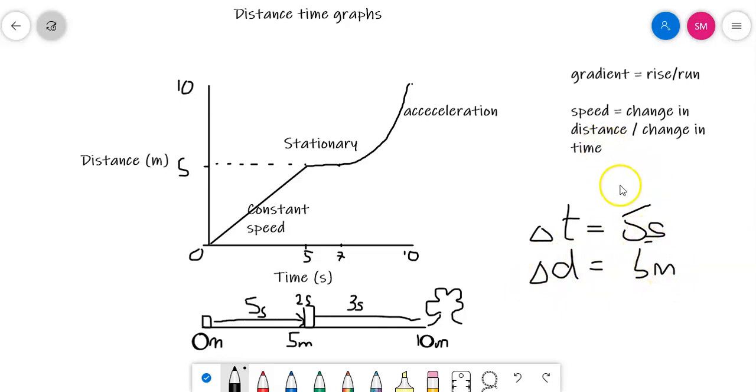So we would simply put that into our formula here, where the speed, the velocity, is equal to the change in distance divided by the change in time. So that would mean we've got 5 meters divided by 5 seconds. 5 divided by 5 equals 1.